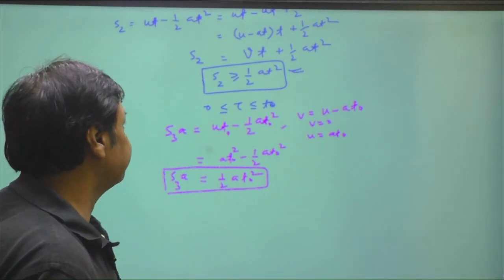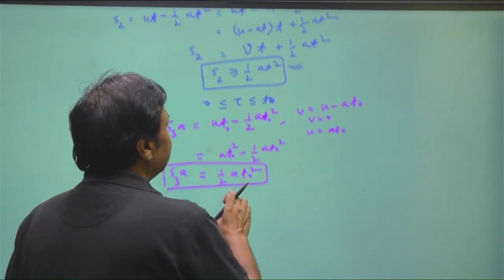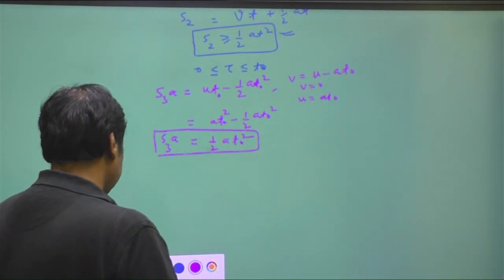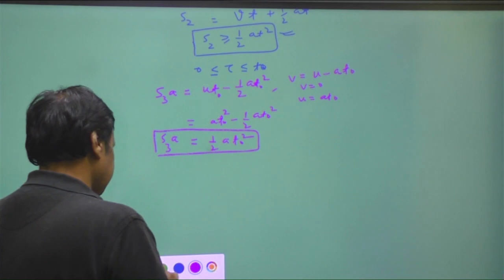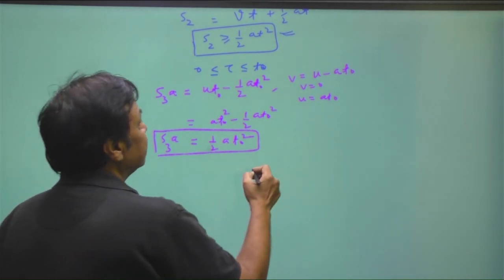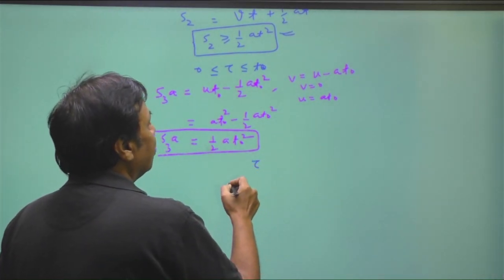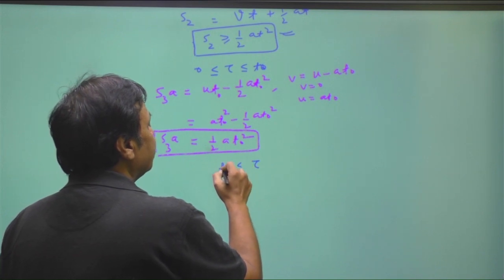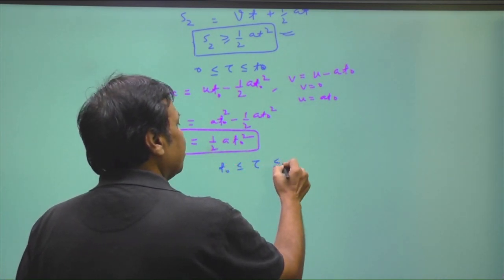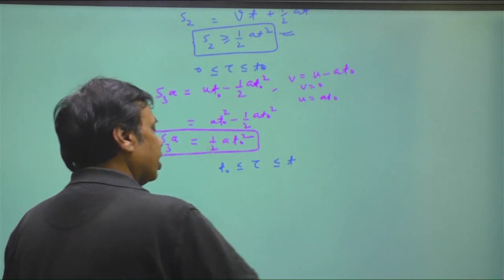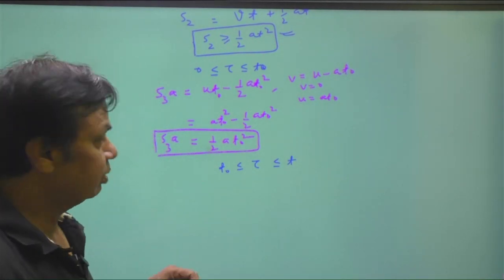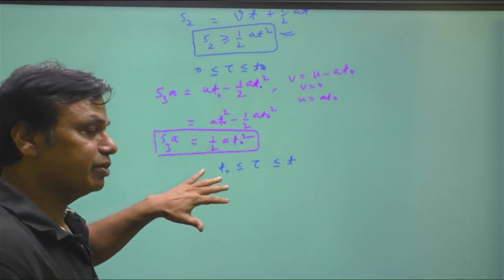For the next part, the time is now t naught and t. I am considering the journey between t naught and t.